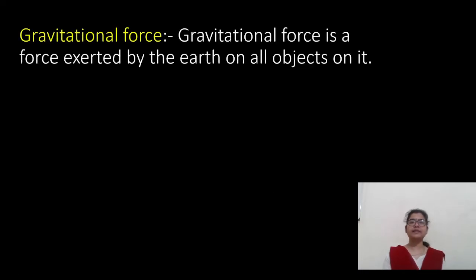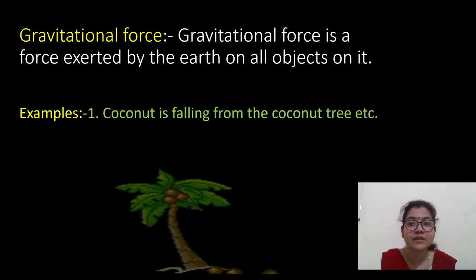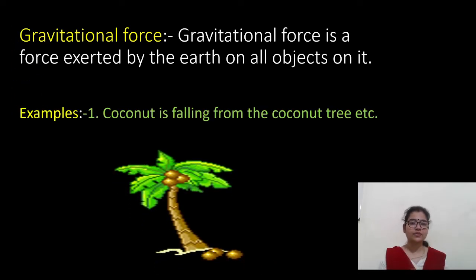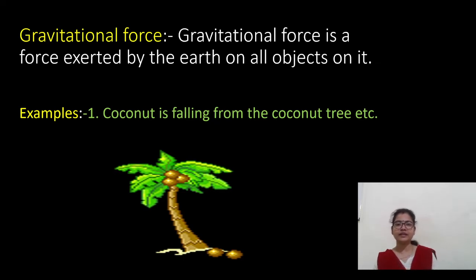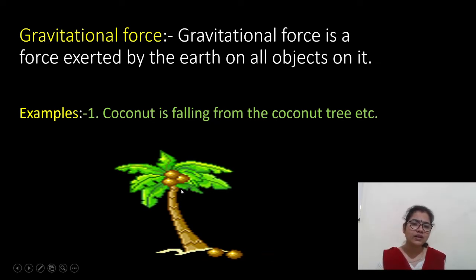Now we will see gravitational force. Gravitational force is a force exerted by the earth on all objects on it. See here, students, for example, a coconut is falling from the coconut tree. Why is this coconut falling on the ground only?